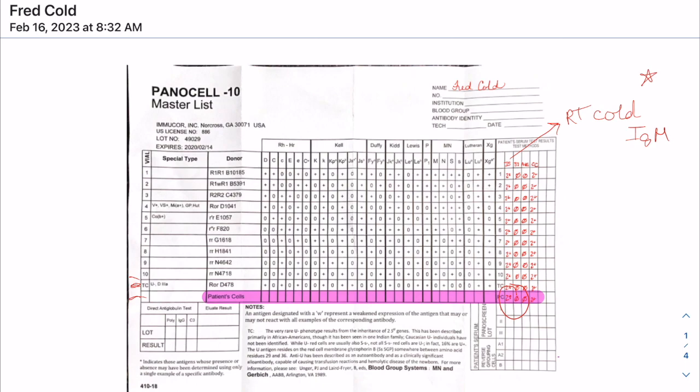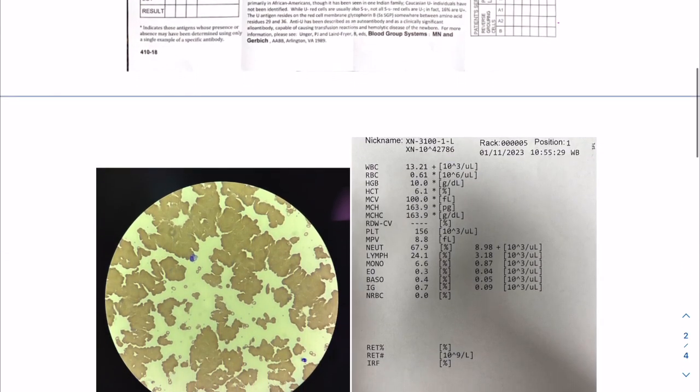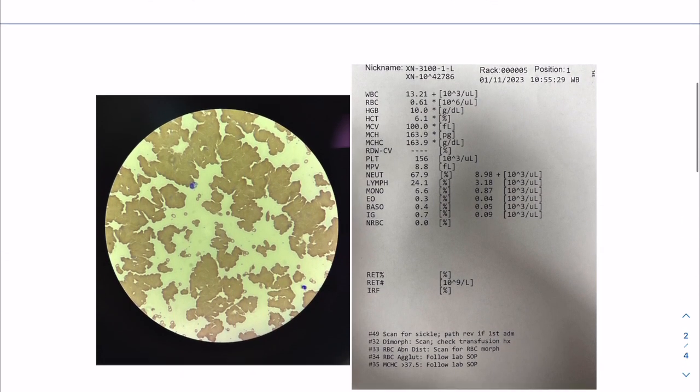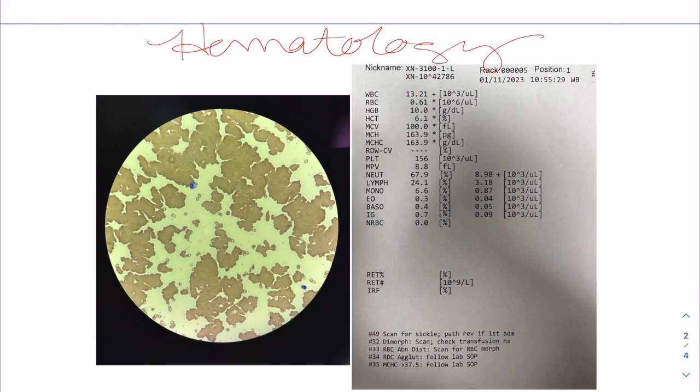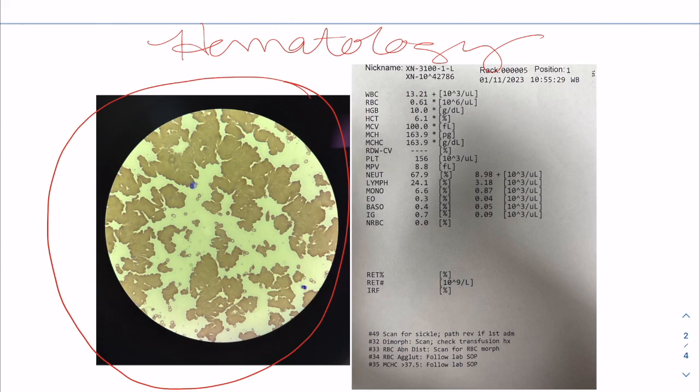What I'm going to show you next is from hematology. We would go out to our buddies in hematology and ask them what they're seeing. This image is what it's going to look like stained and under the microscope.